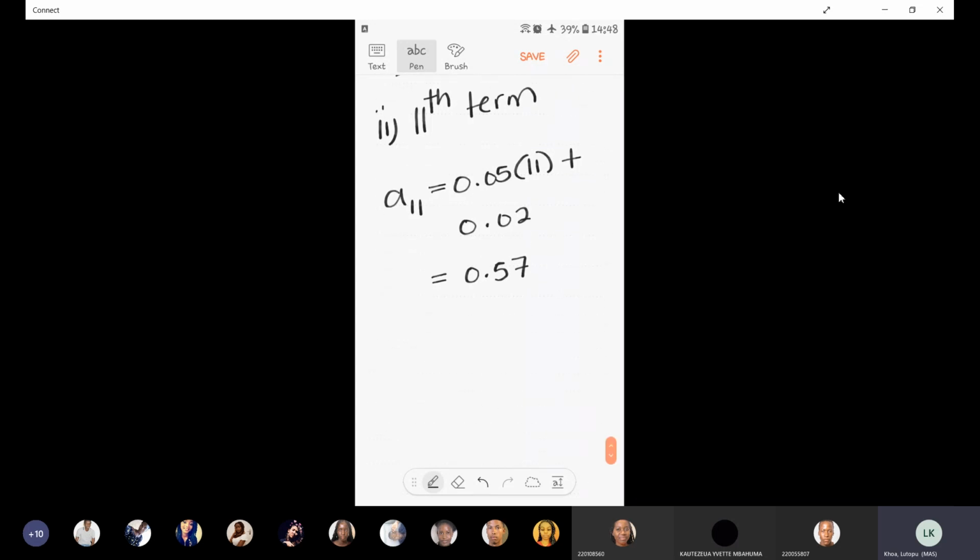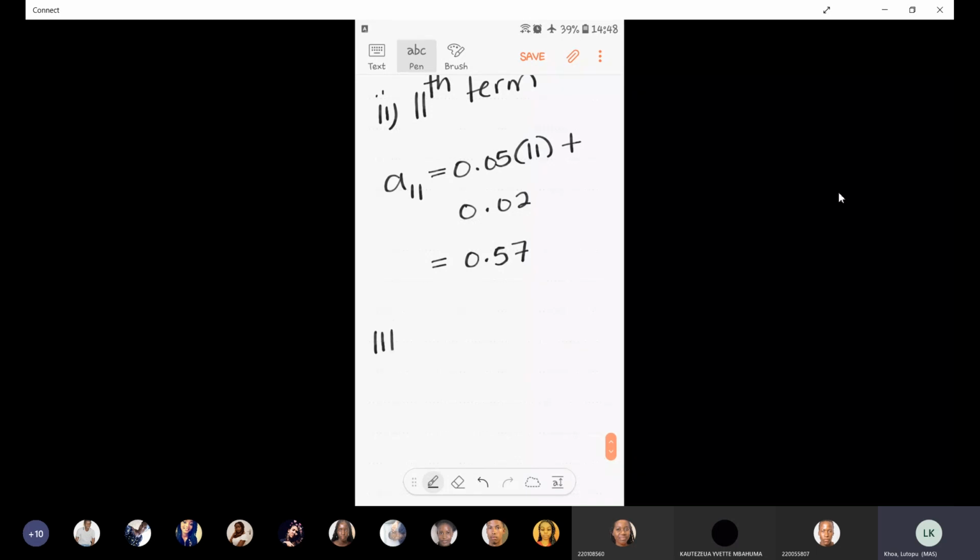And then the last part of this question, we are given an is 1.67. So I give you a term, then I ask you what number does this term come in the sequence. So now we're looking for n. That's what we want to work out.